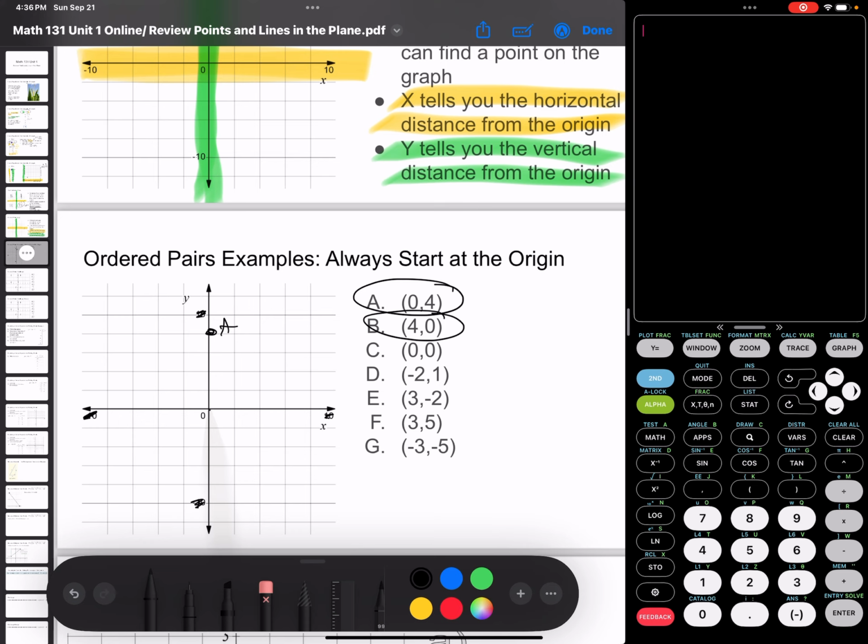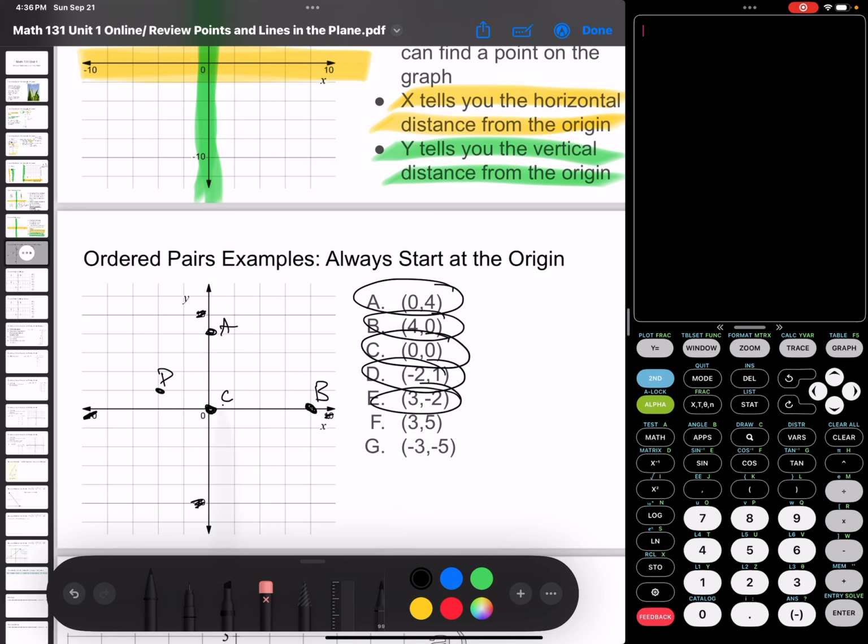B, so now I'm going to go positive 4 and up and down, not at all. C, 0, 0, that's this point right here. D, we have negative 2, positive 1, so we start at the origin and we go out in the negative direction 2 and up by 1. E, we start at 0, 0, and we go up in a positive 3. Oh, we don't go up. Sarah, no. The first thing we do is go left and right.